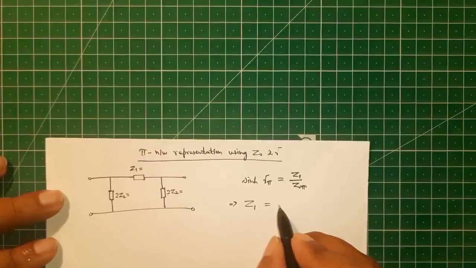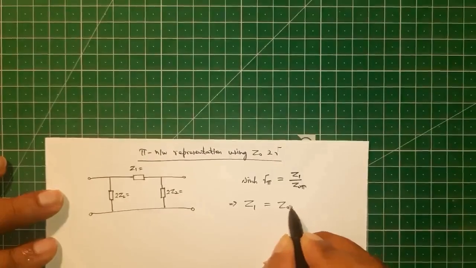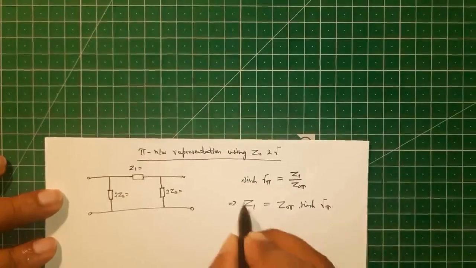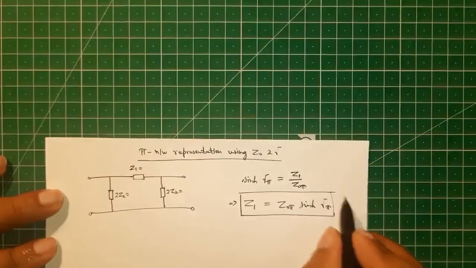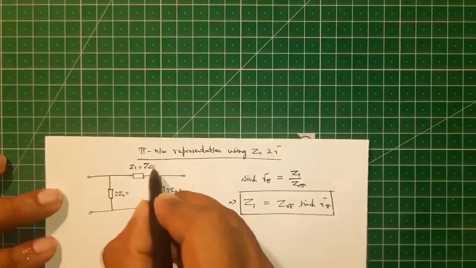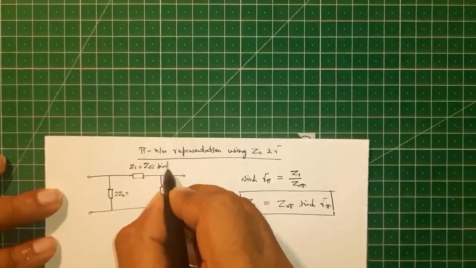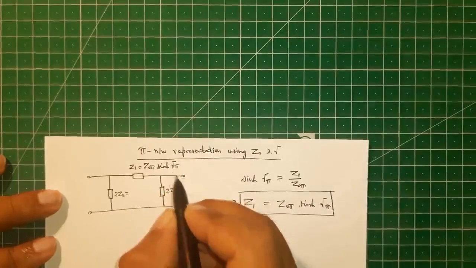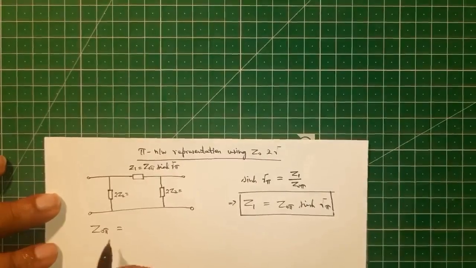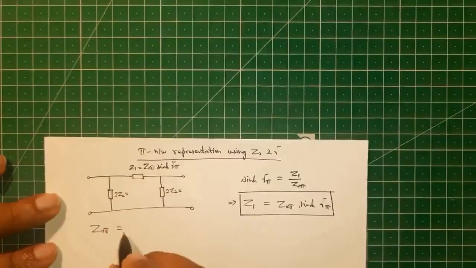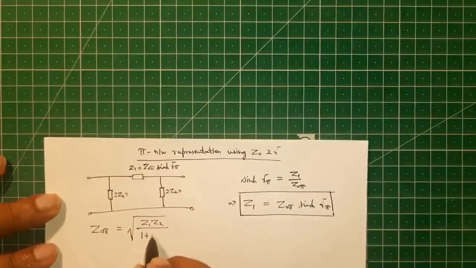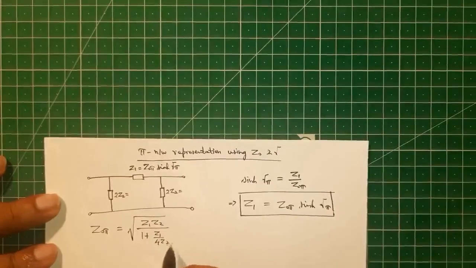On cross multiplying we can write Z1 is equal to Z0 pi sinh gamma pi. And what is Z0 pi? It is the characteristic impedance for this general pi network, which we had derived as square root of Z1 Z2 divided by 1 plus Z1 by 4 Z2. This we had derived.